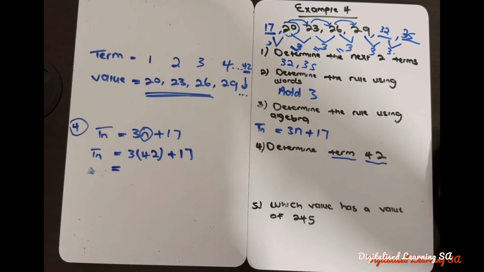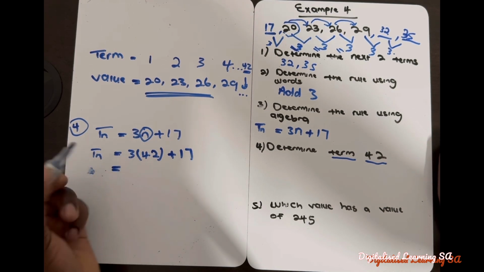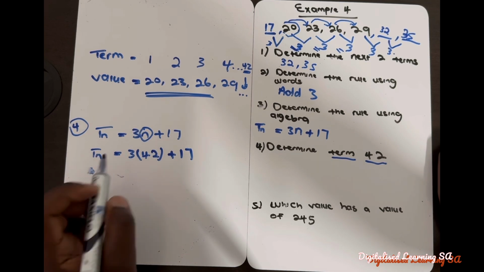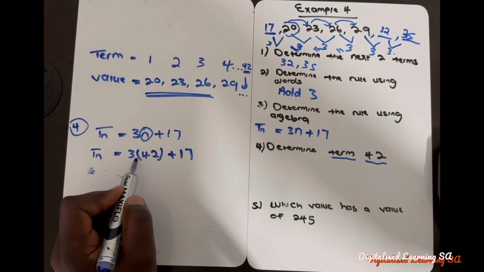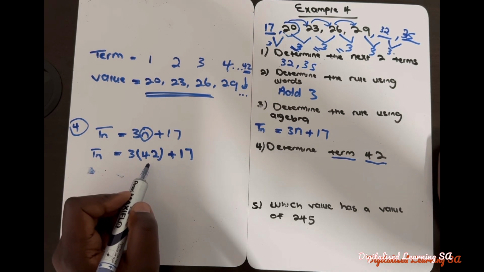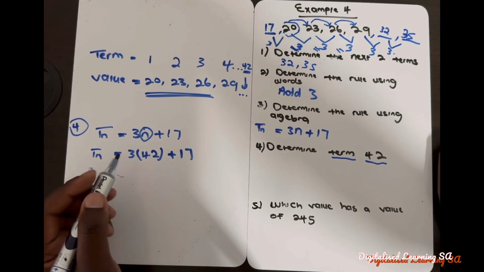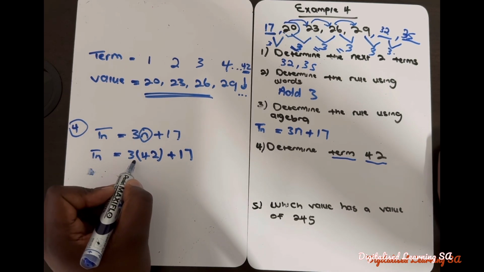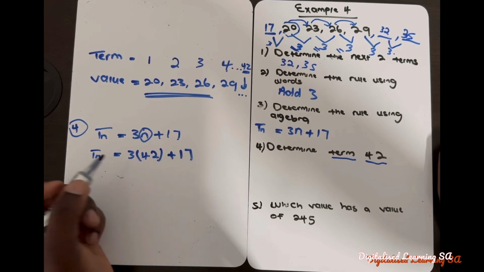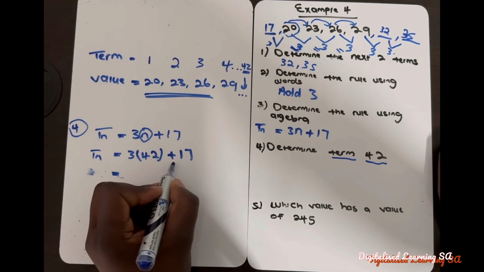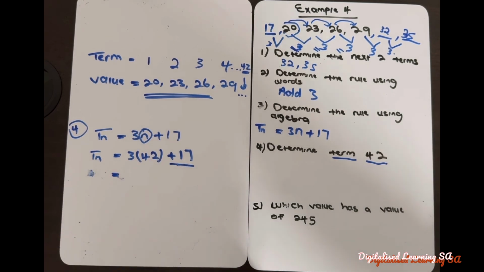And then remember, 3 and 42 here, we need to multiply them. We don't need to add them. So it will be 3 multiplied by 42, and then we add the 17 that we had.